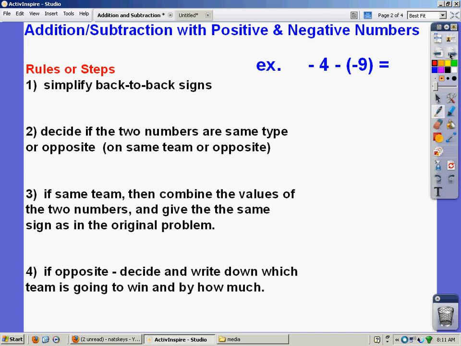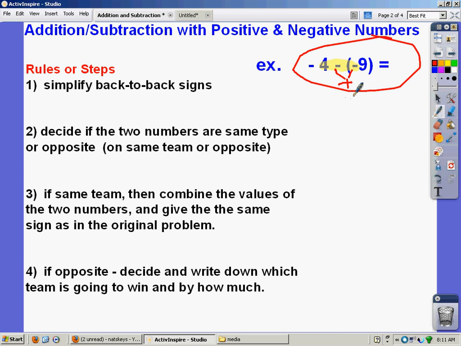Here's an example given to us. -4 minus -9. Well, the first rule is we really have a difficult time understanding this right here. Two negative signs in a row. Two negative signs, not numbers, but signs in a row. We simplify that to mean this and this combines to be a plus.